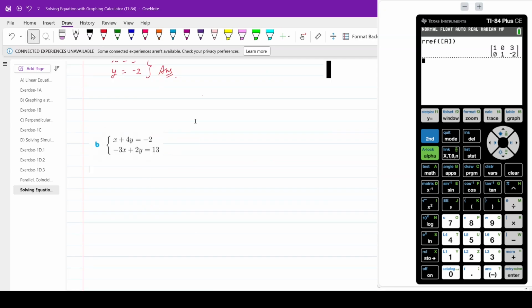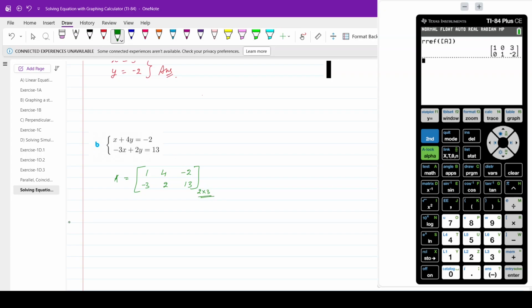We'll now solve another question using the graphing calculator TI-84. So in this case, let's first take the values of our matrix. Let's say matrix A will be 1, 4, -2, -3, 2, 13, and this will be a matrix of 2 cross 3.